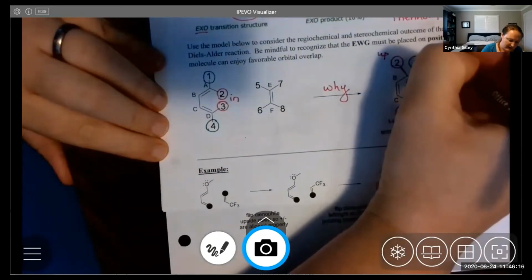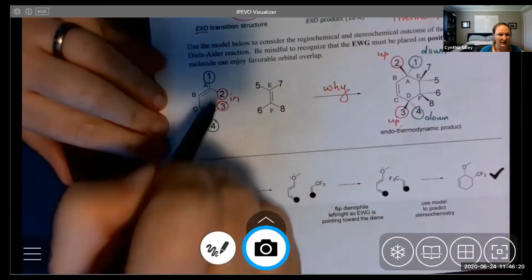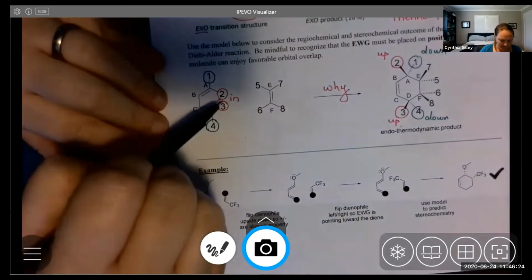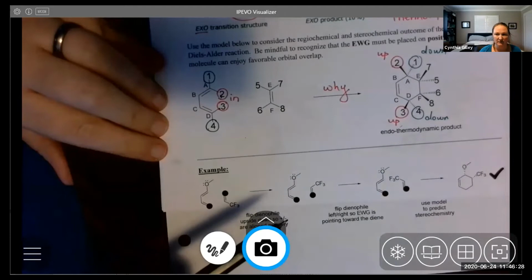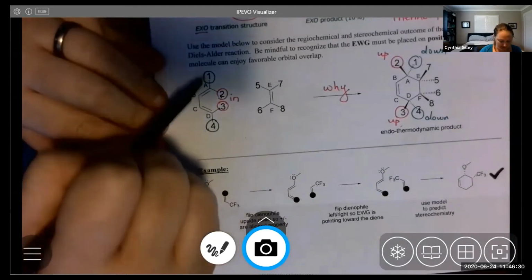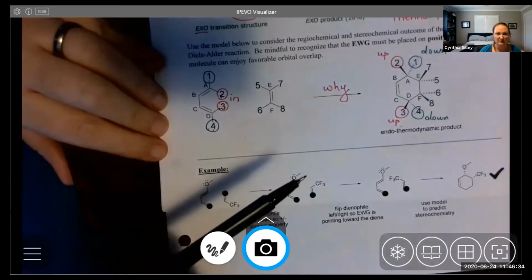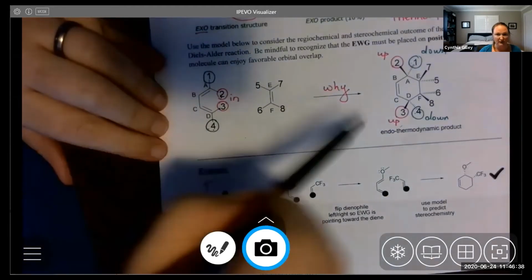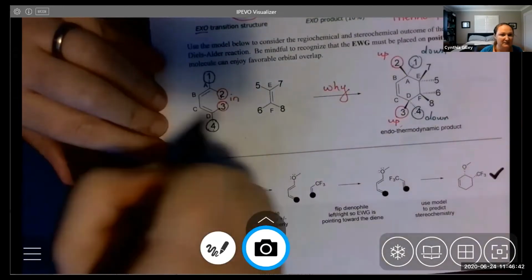I find it difficult to just memorize that. But what I can do easily is remember, if I've got a group pointed in, it will end up on a wedge. If I have a group pointed out, it will end up on a dash. That's easier for me than this 1, 2, 3, 4 that I don't like to memorize.